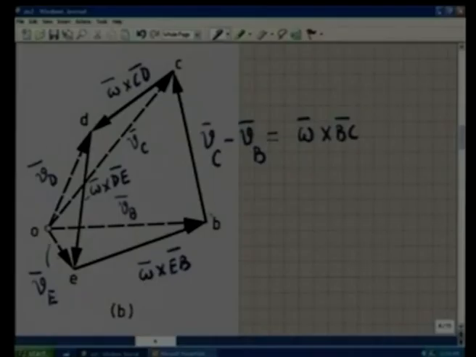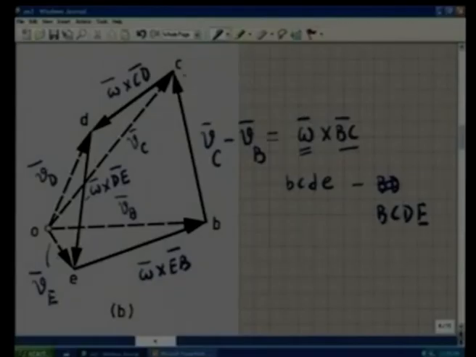Thus, this quadrilateral bcde is nothing but a scale drawing of the quadrilateral capital BCDE, and small bcde is called the velocity image of capital BCDE, which is nothing but a scale drawing, and scale of the diagram is this factor omega, and small bc is perpendicular to capital BC because it is omega cross BC.